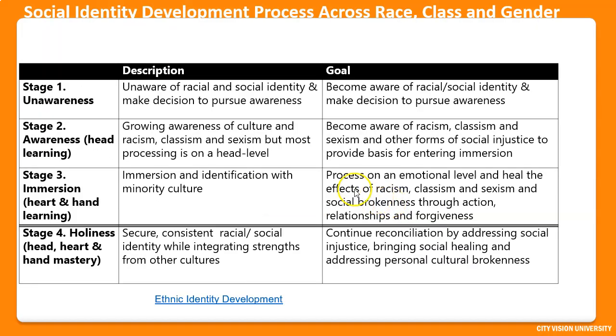So, quick summary. I talk about social identity development across race, class, and gender. I have readings that cover race and ethnicity, and then class. I don't cover gender, but a lot of the gender identity development follows a similar path. The idea is that at each stage, you start with unawareness, then you become aware of this racial, class, social identity, and you make a decision to pursue awareness.